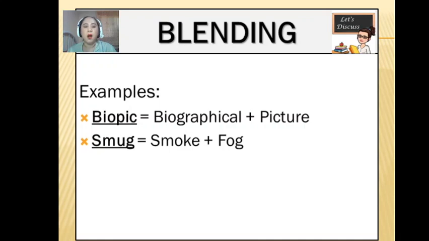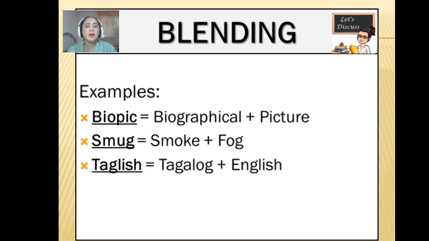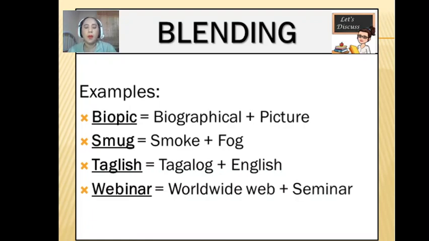Next, smog. Smog is a combination of smoke and fog. Smog is usually connected with the word pollution. Next is Taglish, a combination of the Tagalog and English languages. Webinar is a combination of World Wide Web and seminar, or a seminar that is presented on the World Wide Web.